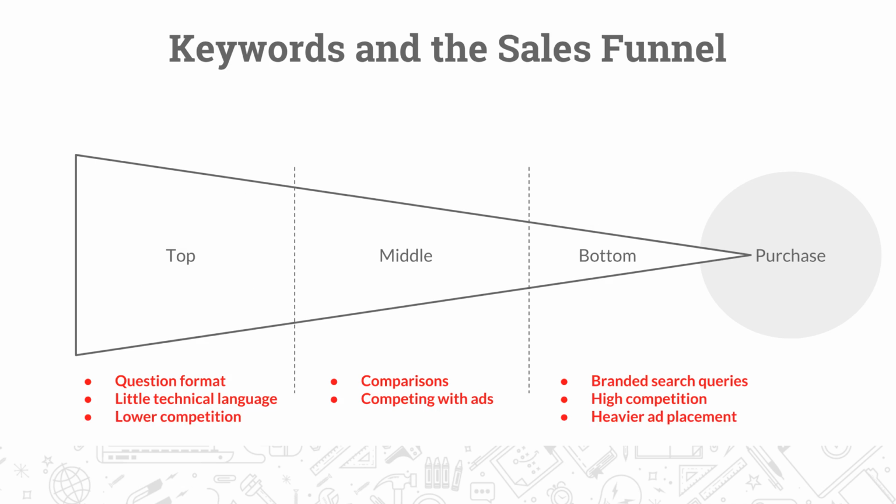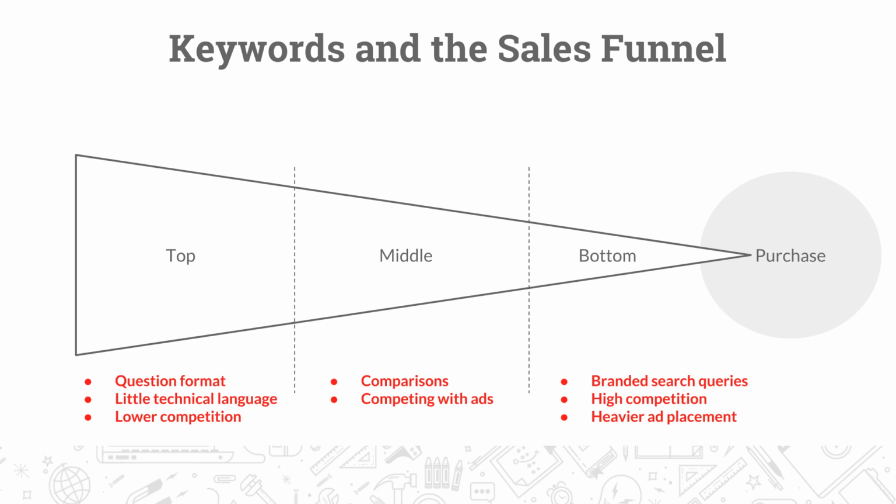The interesting thing is that we can tell based upon search behaviors kind of where people are within the sales funnel. If we look at different queries, that is, different search engine result pages, we can actually see maybe where people are. In the top of the funnel, people are often querying things in question formats. They tend to have very low technical language.